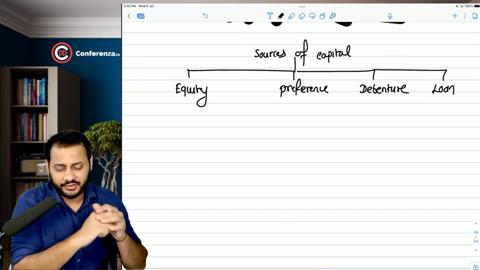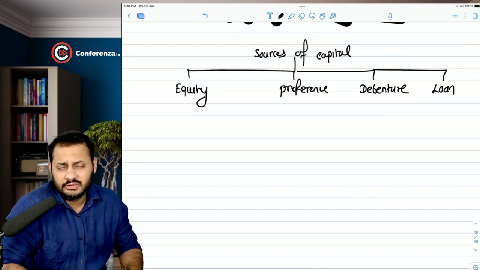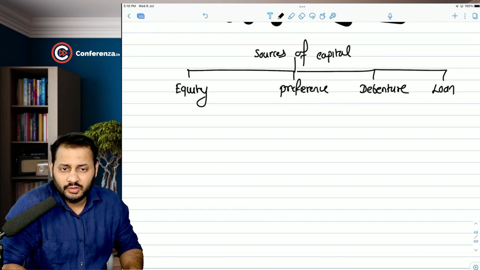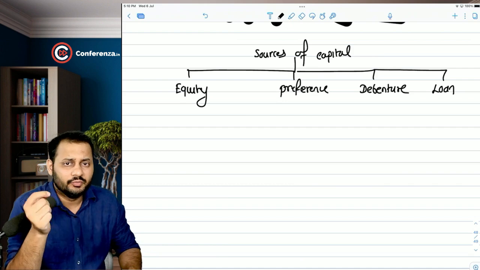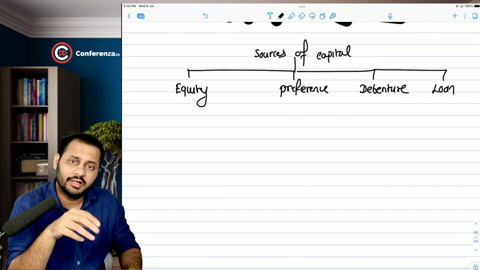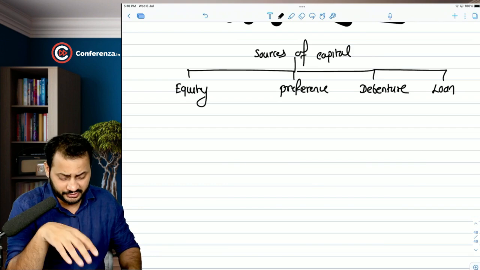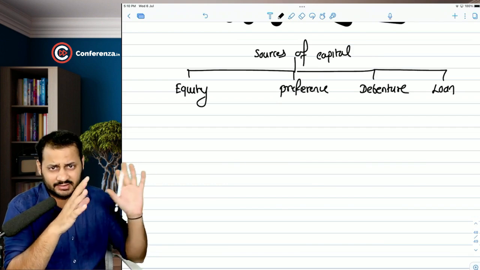And let's talk about equity shares. So this is the first source for the capital.